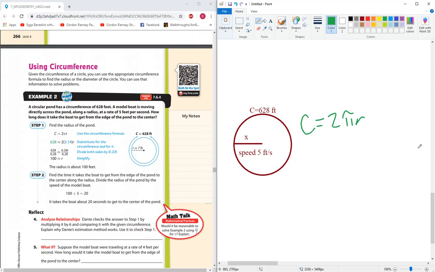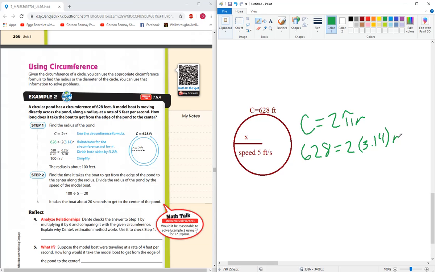Now I'm going to fill in whatever I can. I know that my circumference is 628. I know that pi is 3.14. But I don't know my r, so I'm going to keep it as r.